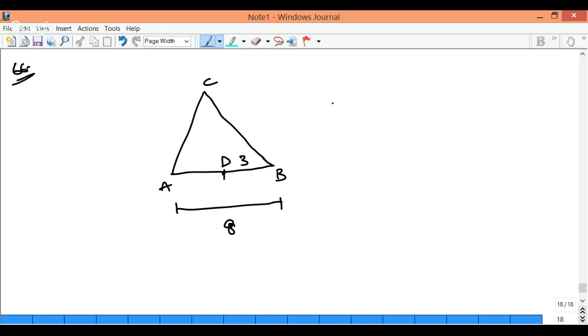Now he is asking the ratio of the area of triangle CBD to the triangle ABC.